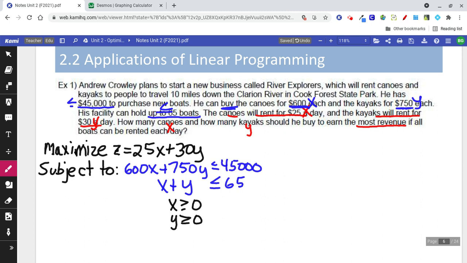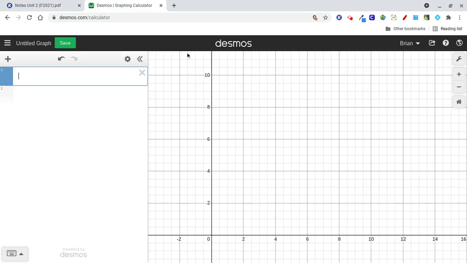That's the new material. The rest of this is the same as what we did in last time's lesson 2.1. We're going to graph these inequalities and look for the corners. So let's go to Desmos. The first one was 600x plus 750y is less than or equal 45,000.